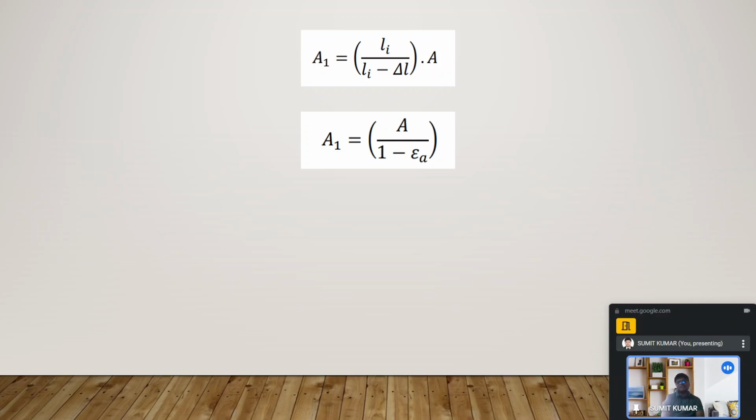And the interrelation which I am talking about is the value of A final, basically A1, which is nothing but A final, that is A final is equal to A initial by 1 minus epsilon A. This is the correction which we need to apply to the area. Otherwise the stresses which we are getting are not the true value.